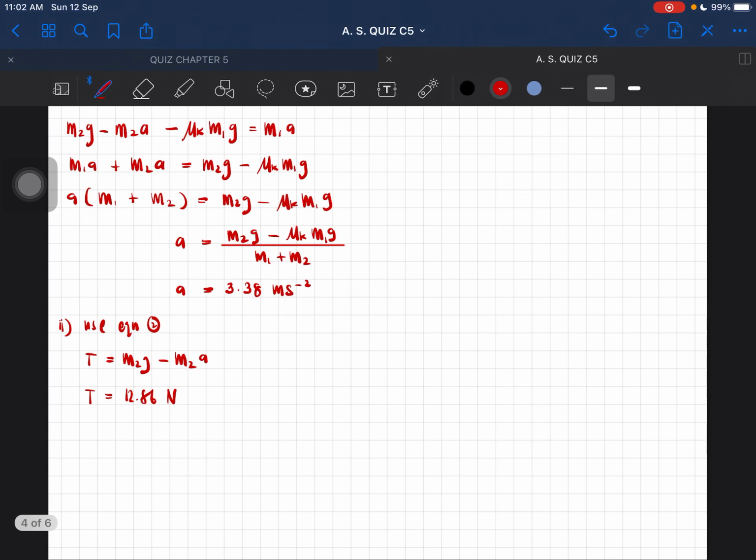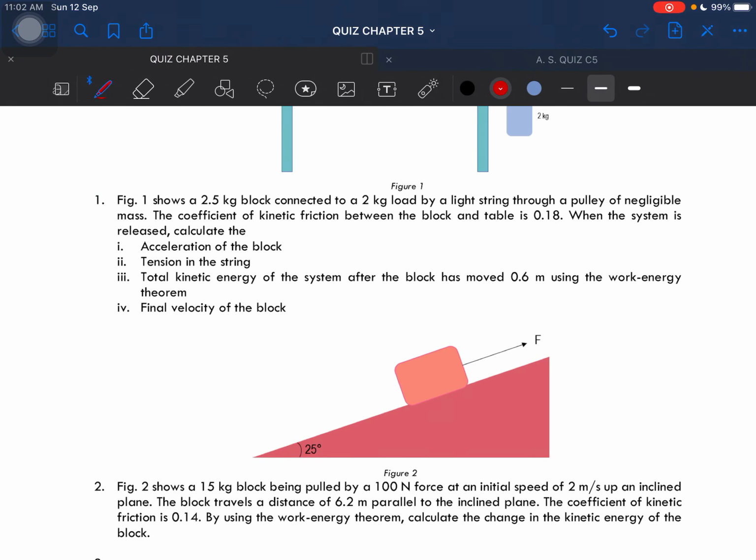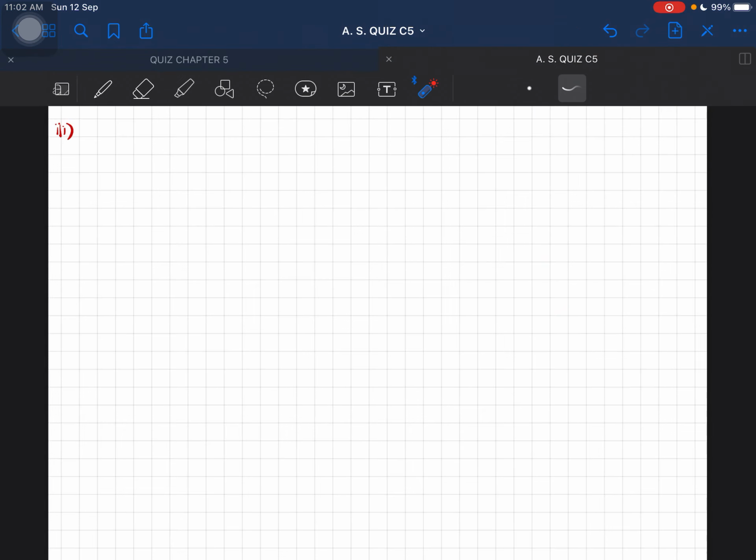Now we have to do question Roman 3. We have to use the work energy theorem to find the total kinetic energy after the block has moved 0.6 meter. You must use the work kinetic energy theorem, otherwise you will not get the marks. The work kinetic energy theorem is work equal to the change in kinetic energy.